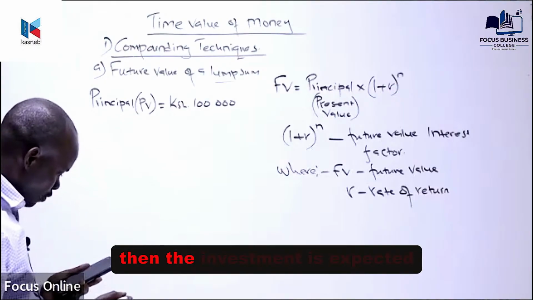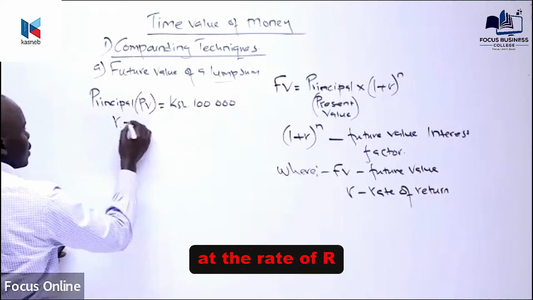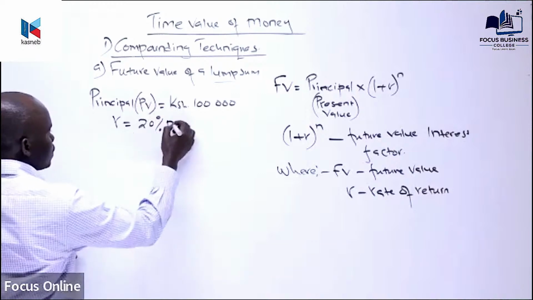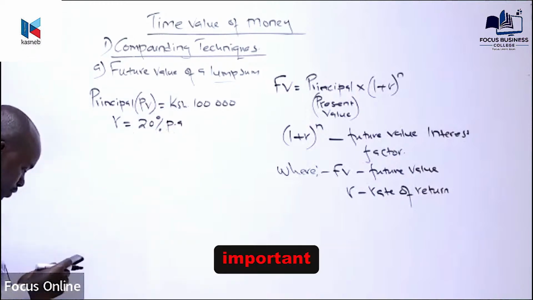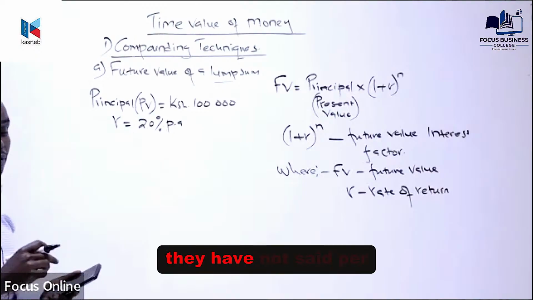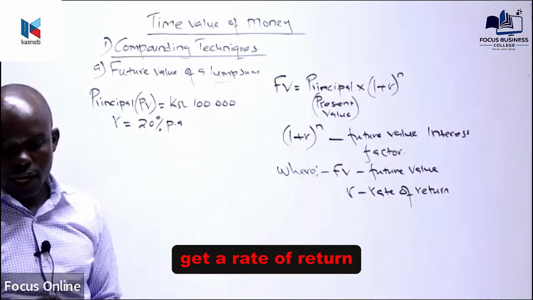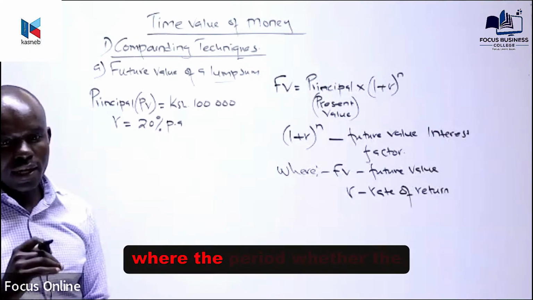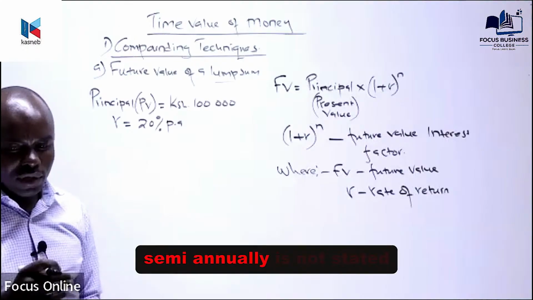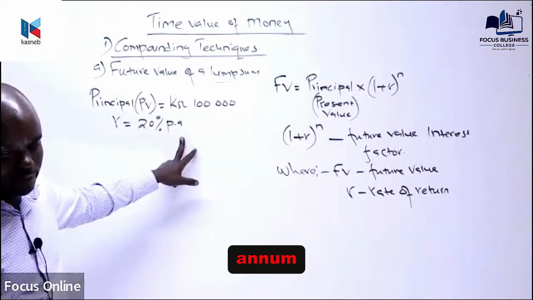The investment is expected to earn interest at the rate of R is 20% per annum. This per annum is very important. They have not said per annum, but when you get a rate of return where the period, whether per annum, per month, or semi-annually, is not stated, the standard measure is per annum.